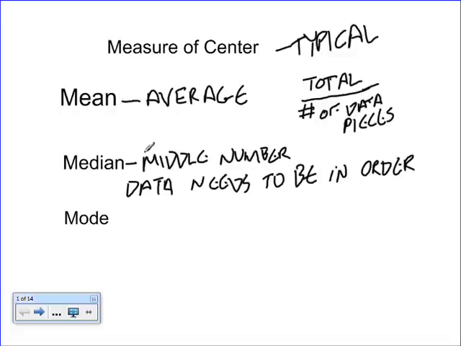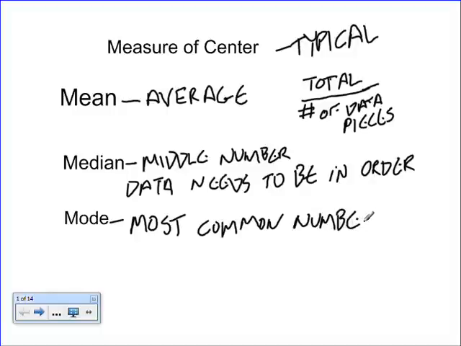Data needs to be in order, so the median is the middle number. The mode is the most common number. It's the easiest one to find and might well be the one that's not as useful to us as the other measures of center, but sometimes it is the most common number. That's just a matter of counting and seeing which one's the most common. You could have a couple of modes. You could have a couple of things that are most common.